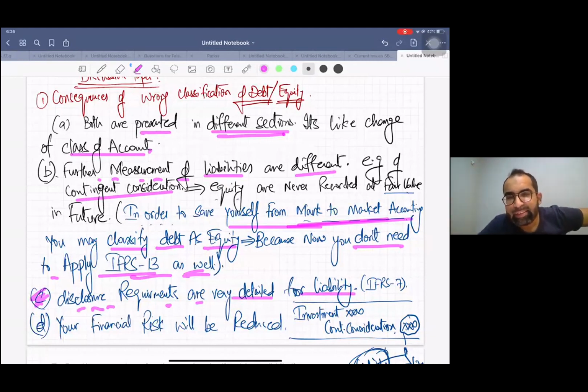Once again, if you classify liability into equity, the disclosure requirement will be changed. You will save yourself from disclosure requirement.